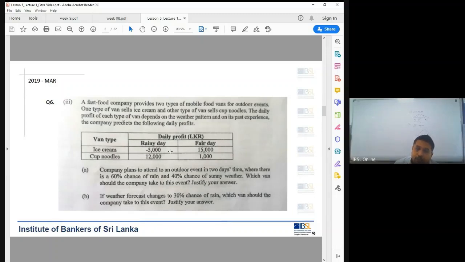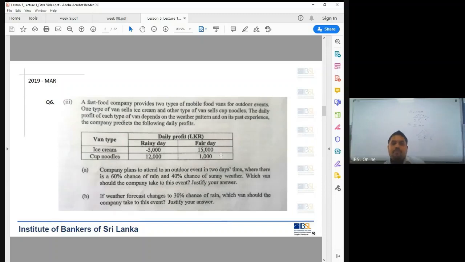Rather, they will go for some hot meals. You can see the cup noodles seem to be making much more profit on a rainy day, 12,000 rupees. On a fair day, in contrast, people will go to ice cream. That's why this profit seems to be much higher, 15,000. In contrast to the cup noodles making an average profit of just 1,000 rupees.